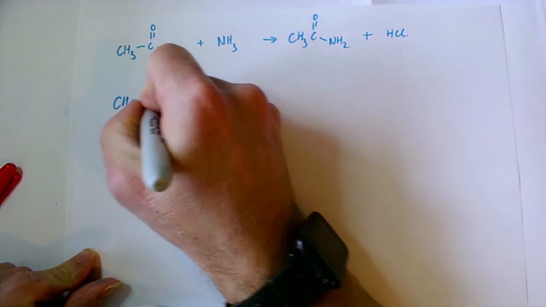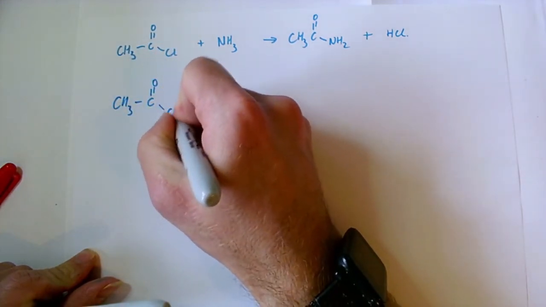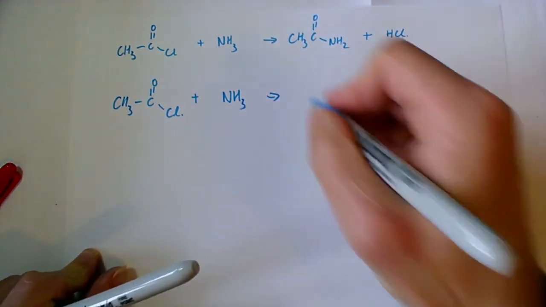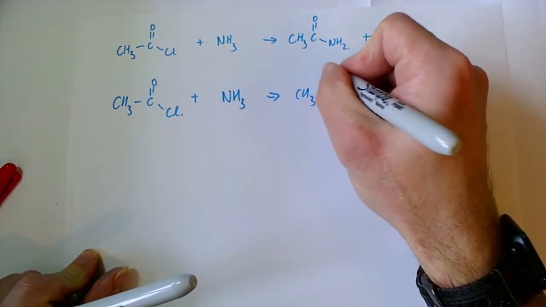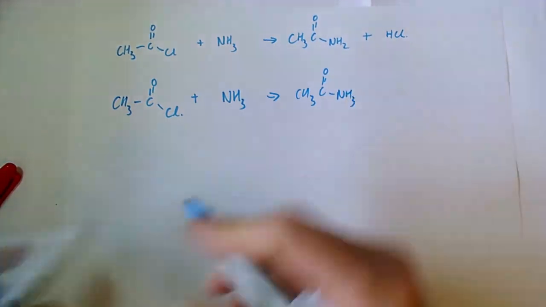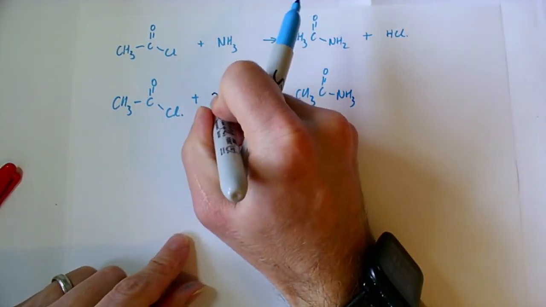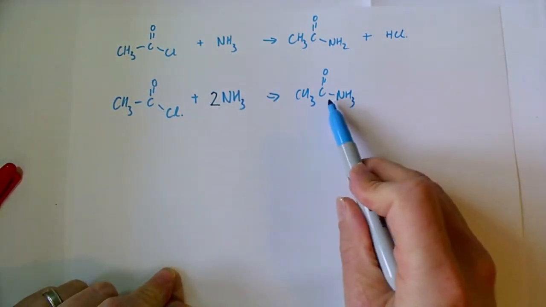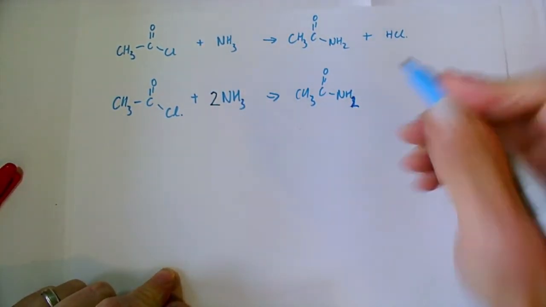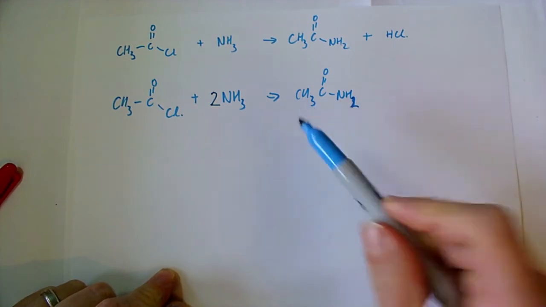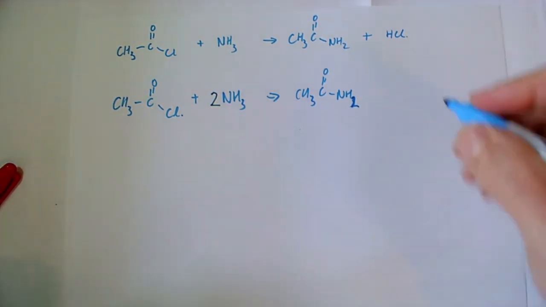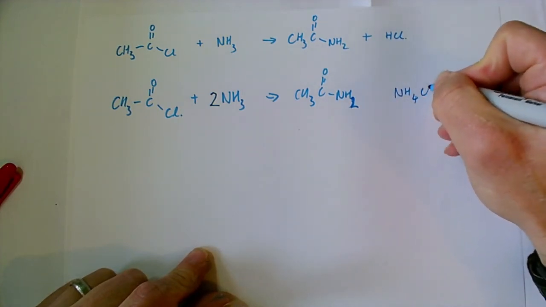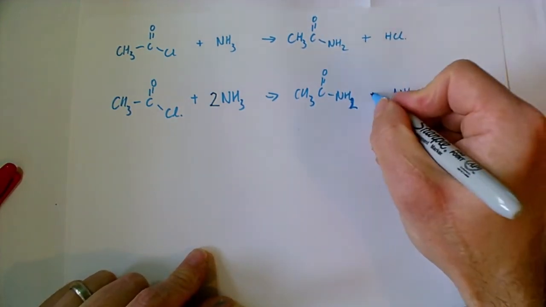So if you're asked to write an equation for this, instead of 1 ammonia, to form our product over here we're going to have multiple ones of these. So what happens is one of the ammonias reacts to form, apologies, that should go to 2, to form our amide, and the other one has a sort of side reaction, reacting to form NH4Cl, so ammonium chloride.